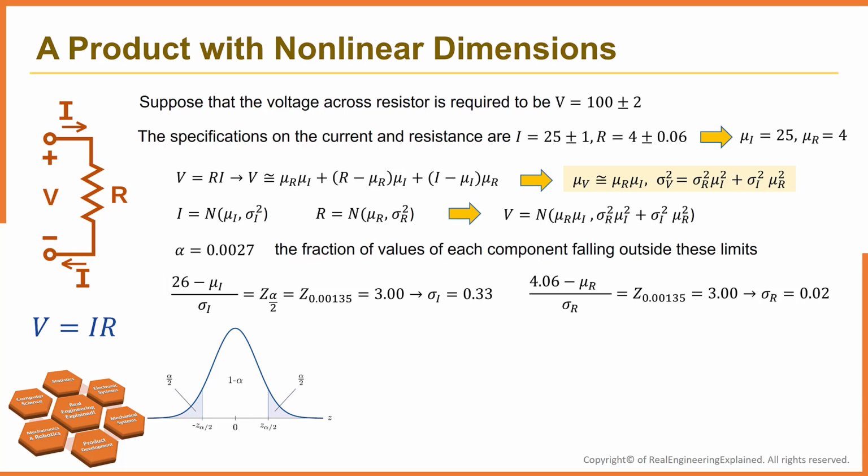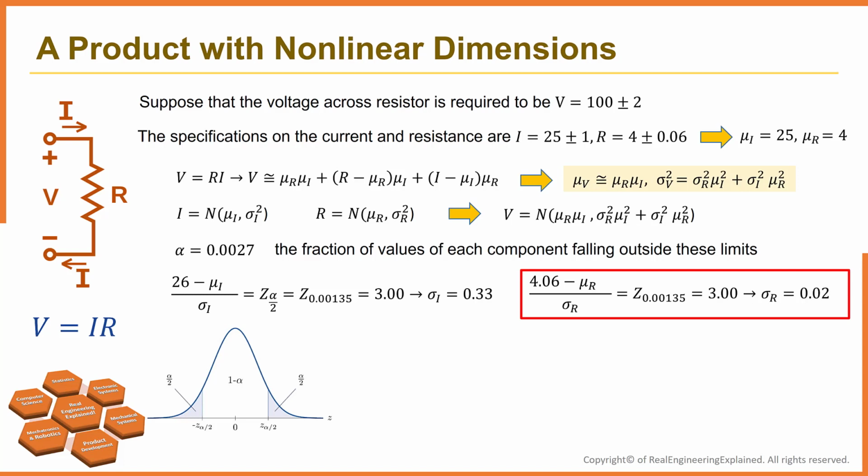The similar approach applies for the resistor. 4.06 is the largest possible value for the resistor, which is 4 plus 0.06, minus the mean value, which is 4, divided by sigma R, that we are looking for, equals the z value.